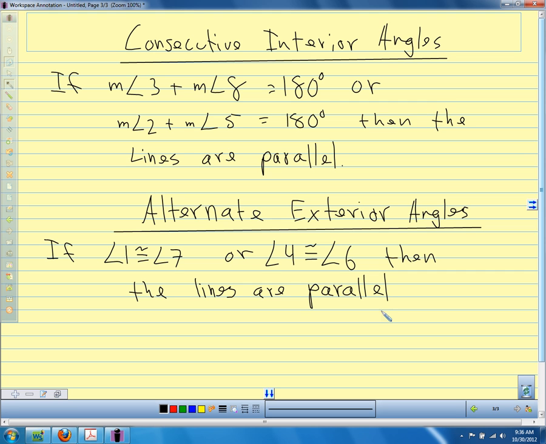So if we know that alternate exterior angles are congruent, that guarantees us that the lines are parallel. So this is a 4th way that we can show that 2 lines are parallel, if we know that alternate exterior angles are congruent.